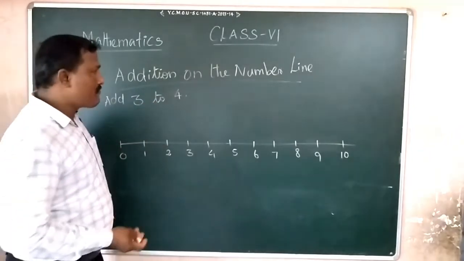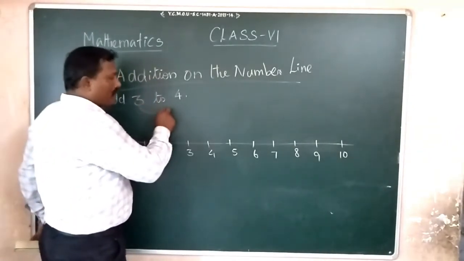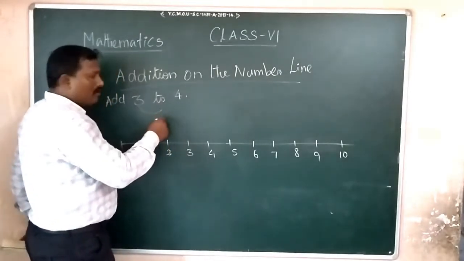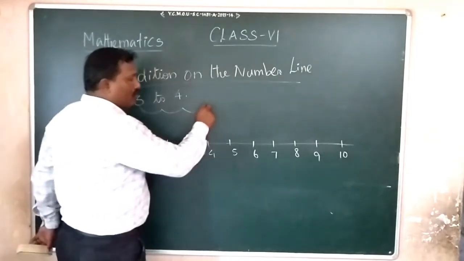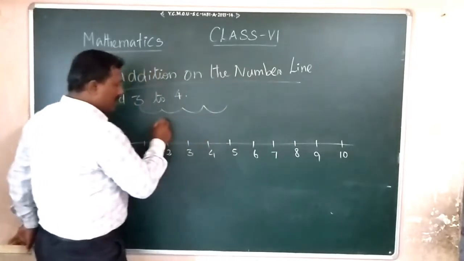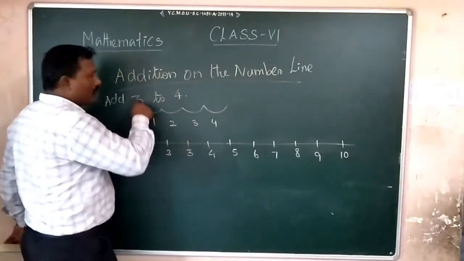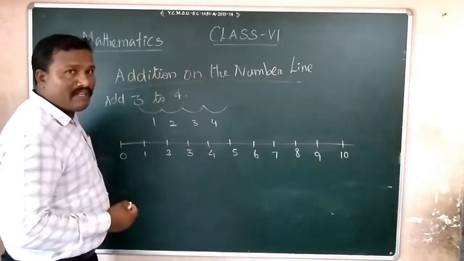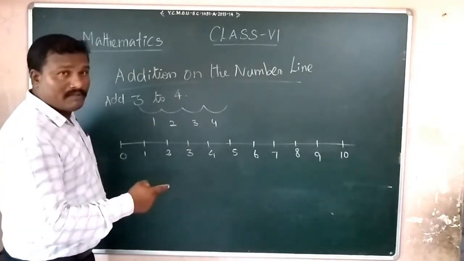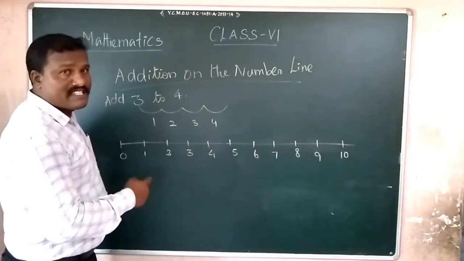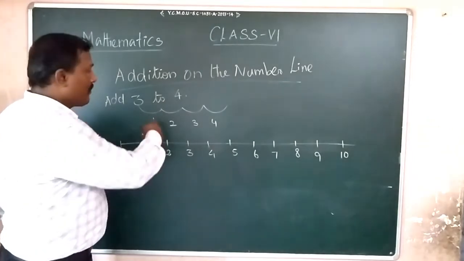First jump 3 to 4, 4 to 5, 5 to 6, 6 to 7. That means jump 1, jump 2, jump 3, jump 4. We need to jump 4 times, then only we can find the total distance of these two numbers.